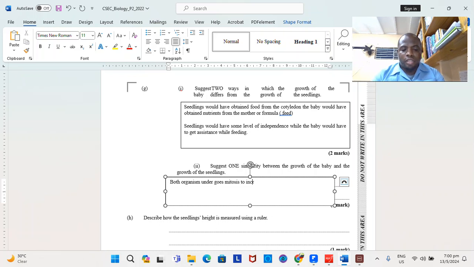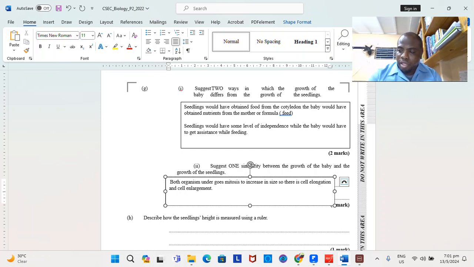To increase in size. So we have the term cell elongation and cell enlargement, and both are through the influence of mitosis.